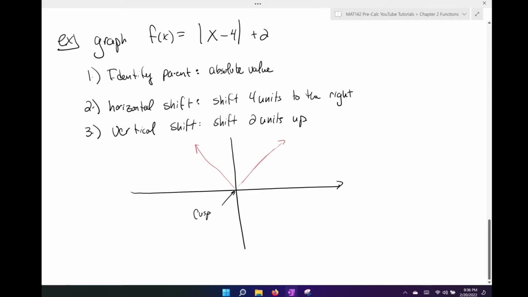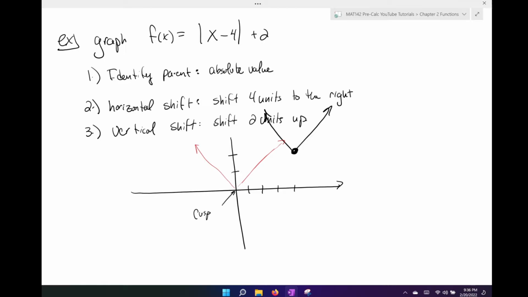But we're going to take that cusp, put our attention there, and shift this 4 units to the right, and then 2 units up. So 1, 2, 3, 4. And then we go up 2 units, and in black, there's that cusp, and there is our new absolute value graph. So that's how this works.